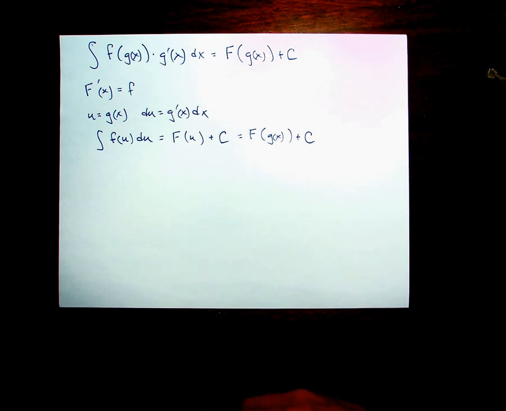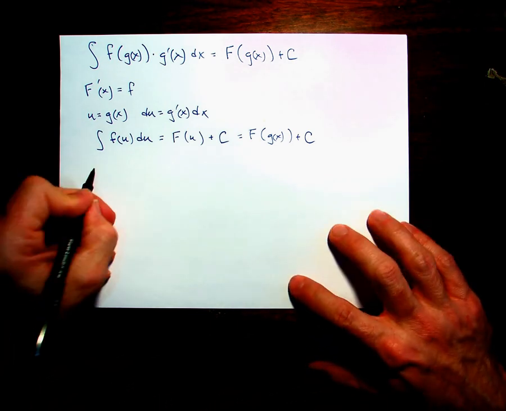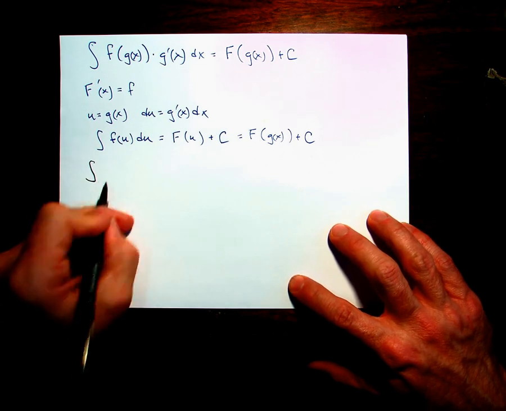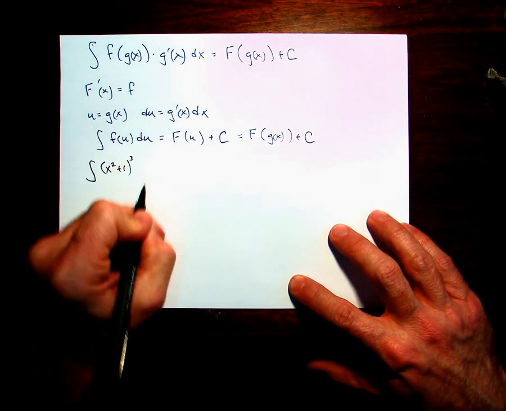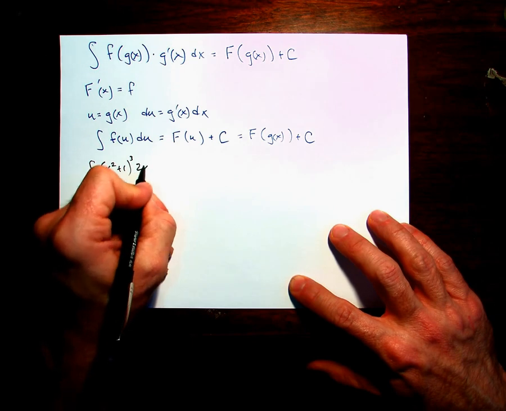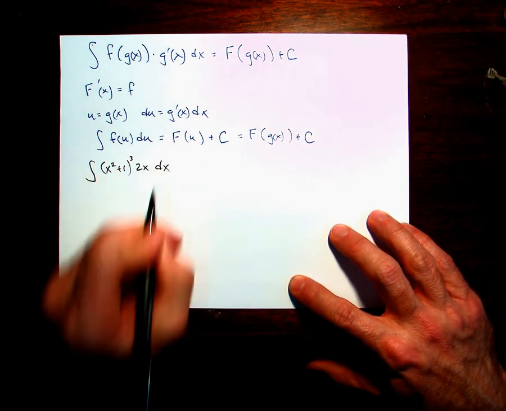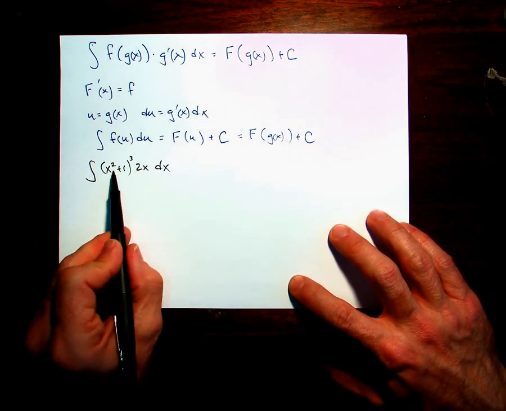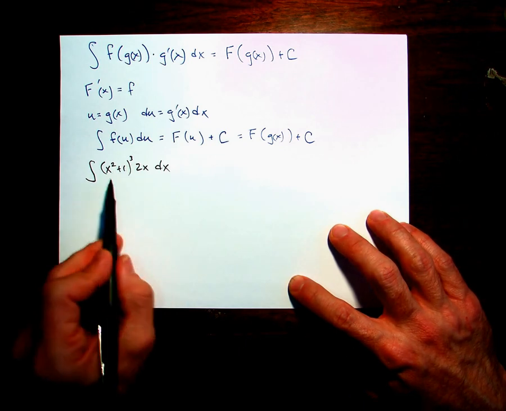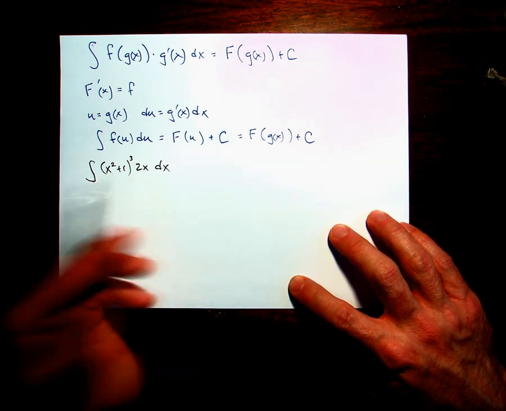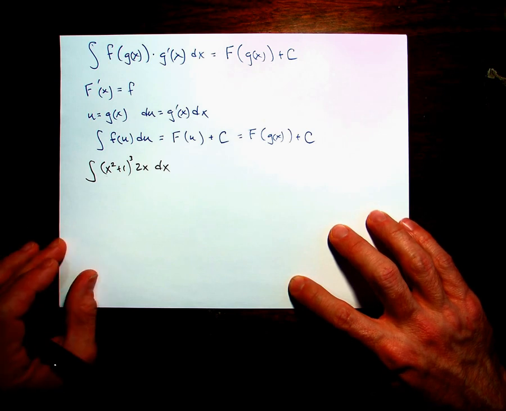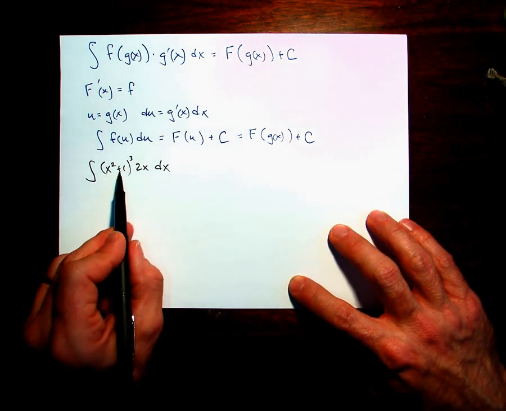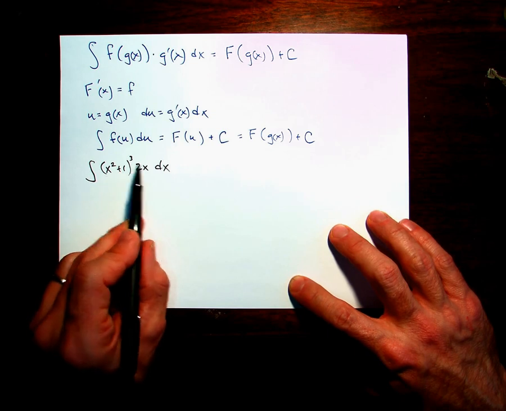So let's say we want to find the antiderivative of x squared plus 1 cubed times 2x dx. Now, of course, we could expand this out and then distribute the 2x to all the terms, and then it would just be the antiderivative of a polynomial, which is fairly straightforward, term by term. But expanding that out is some work, to cube that out and then to distribute the 2x.